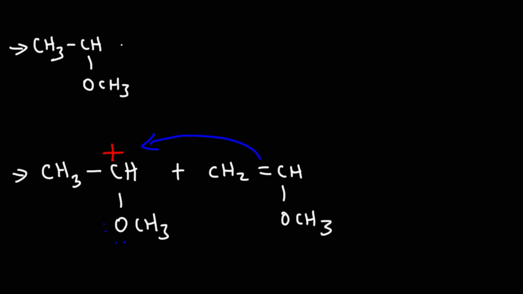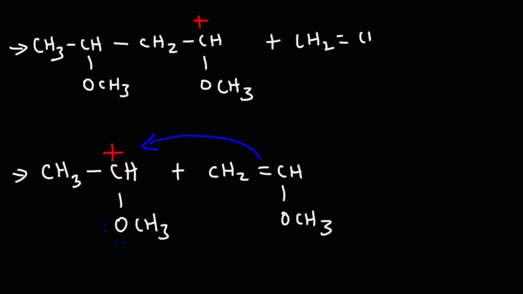So we're going to get this result. So now the positive charge is on the next CH carbon, which is stabilized by this OCH3 group. And this is going to react again with another monomer.